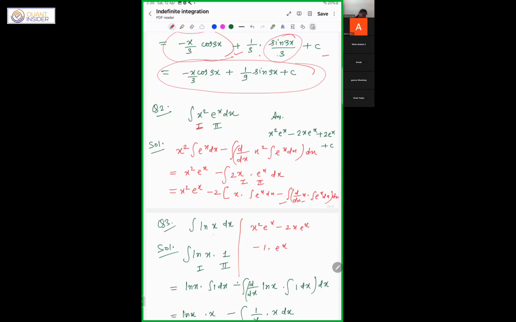This is minus and minus, so minus minus plus. And 2 is also there, so this is x square e to the power x minus 2x e to the power x plus 2 e to the power x plus c.